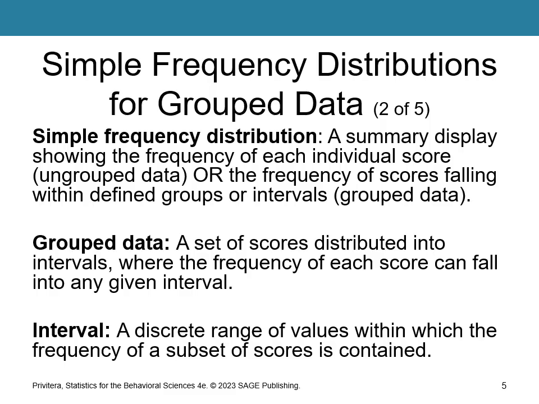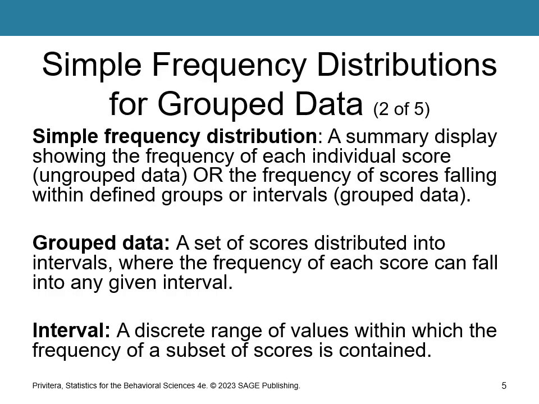But when you have data with many possible different values, like screen time that could range from 0 to 200 plus minutes, listing every single value would create a table that's too long to be useful. Instead, we group the scores into intervals. An interval is a range of values. For example, 0 to 17 minutes, 18 to 35 minutes, 36 to 53 minutes, and so on.